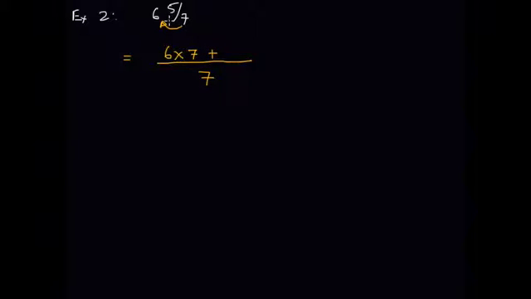Then add whatever the numerator is. So let me choose red again to illustrate this. Add 5. So what do you get? 6 times 7 is 42 plus 5 divided by 7, which is 47 by 7.